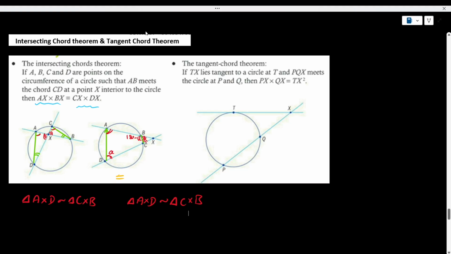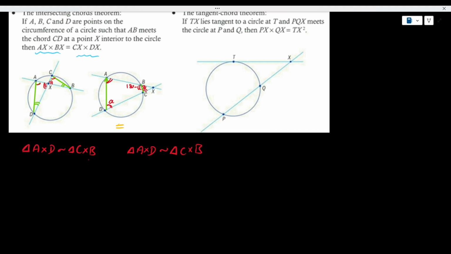Now, the moment you say that the corresponding angles are equal, that means the corresponding sides will be in equal ratio for the similar triangles. So I can write AX by CX will be equal to XD by XB. If you do cross multiplication, I'll get AX times XB will be equal to XD times CX, right?